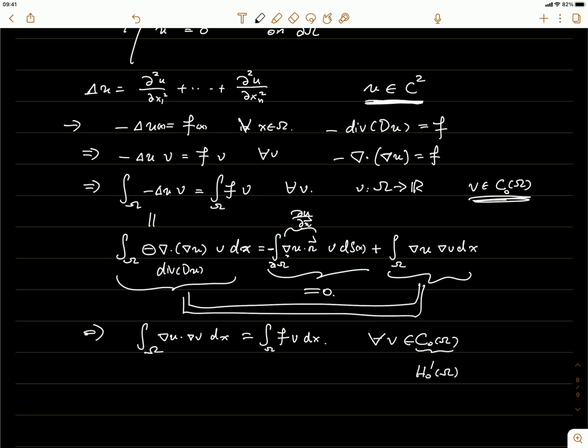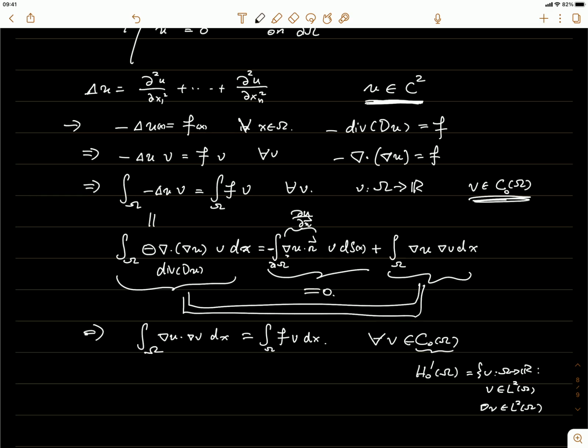Recall what this one is. This is the Hilbert space, this is the Sobolev space, where the v has a weak first order partial derivative. v itself is in L2 of omega, and v also has a weak derivative, so I should write as dv, that is also in L2.